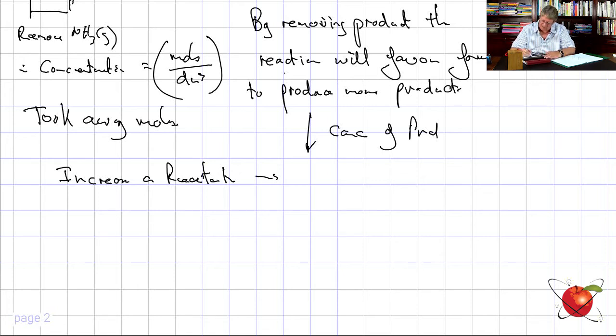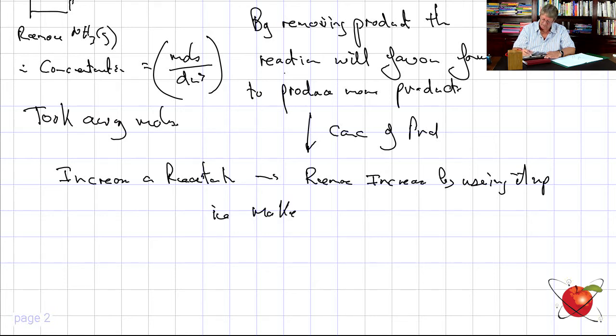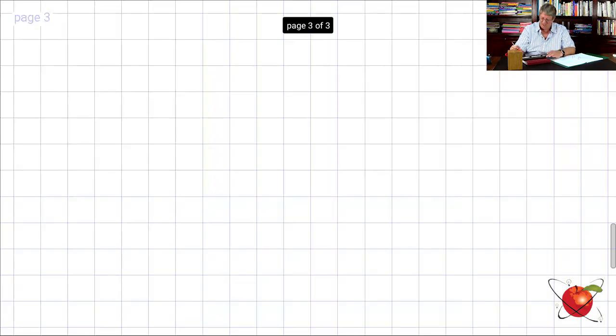So therefore, I'm going to remove the increase by using it up, i.e. make more product. That's straightforward.